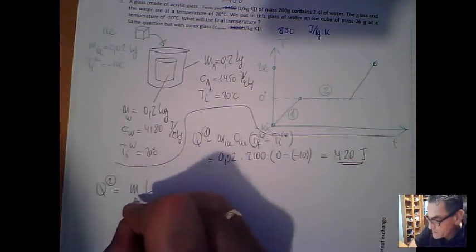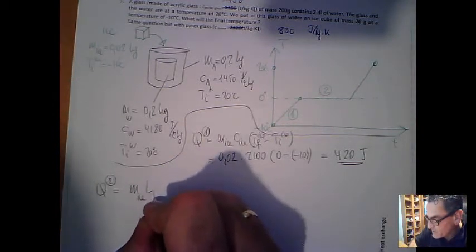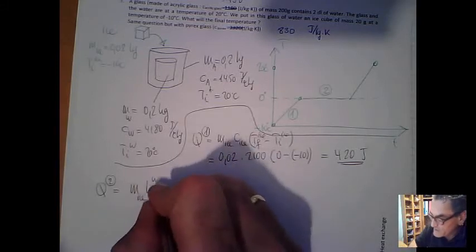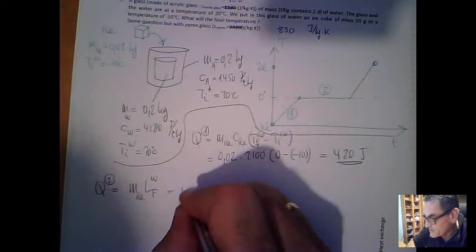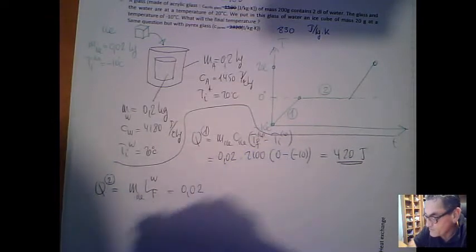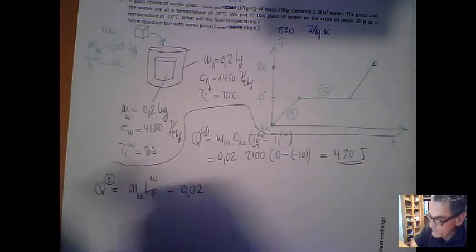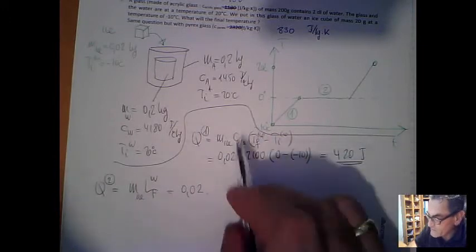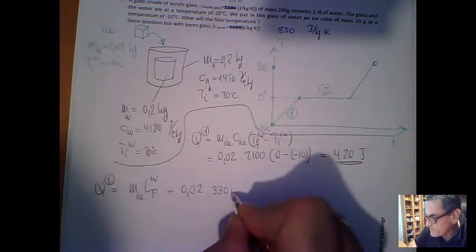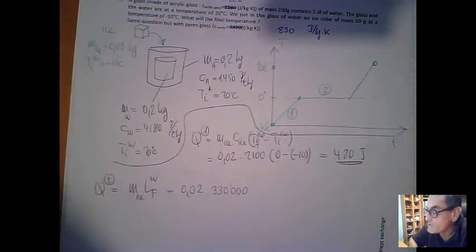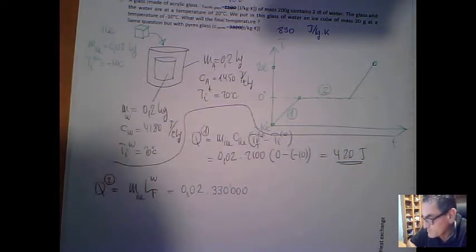Well, it's the mass of the ice times the LF of the water. The mass of the ice is 0.02 kilograms, and the LF, the latent heat of fusion of the water, is 330,000.